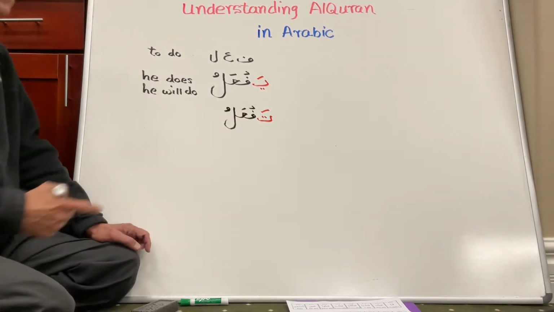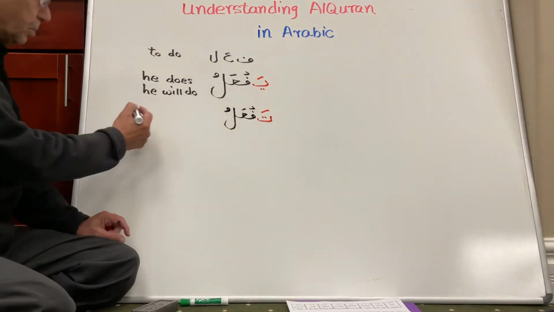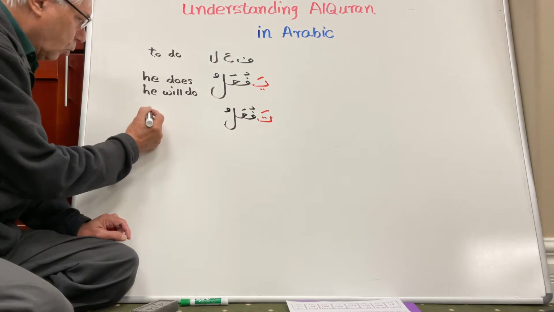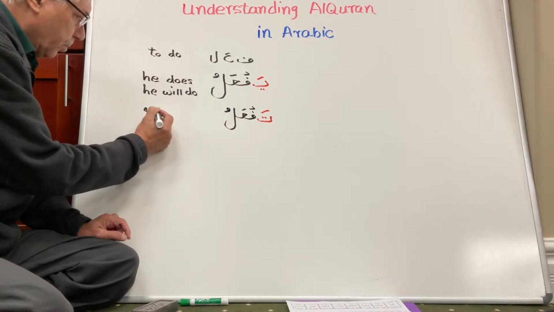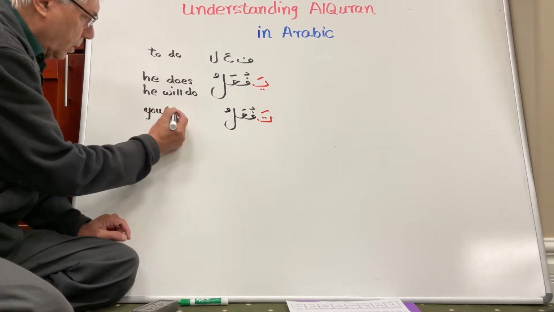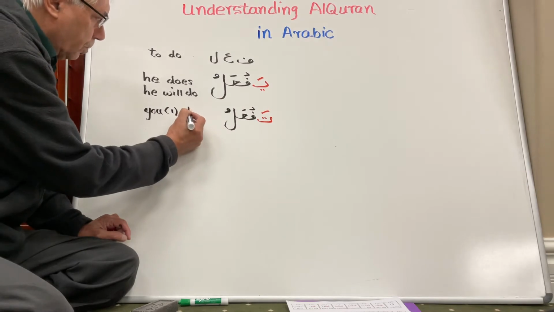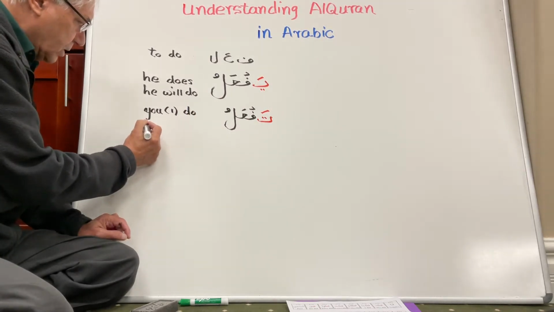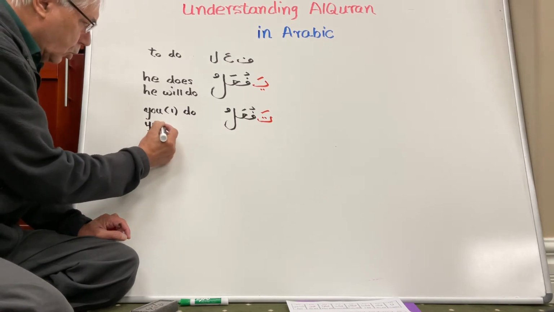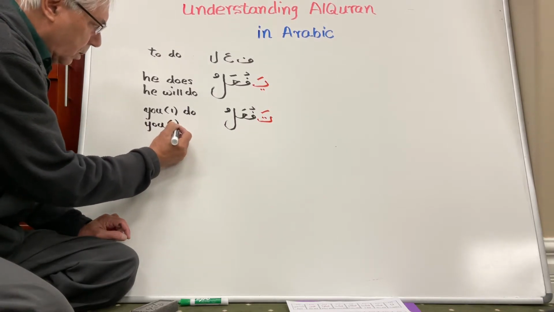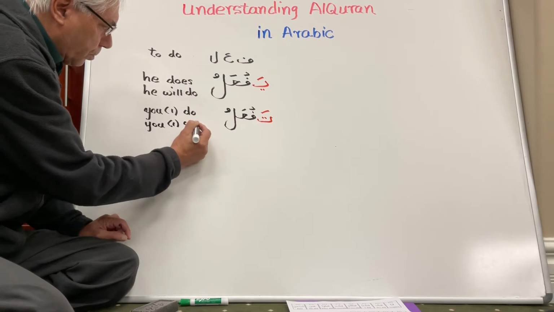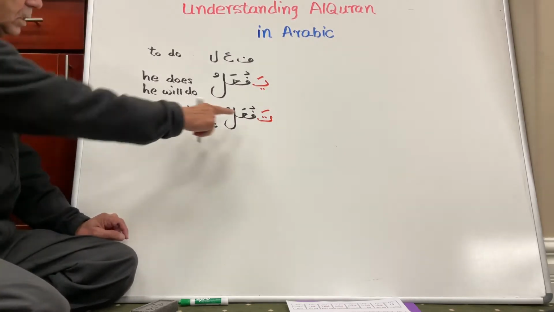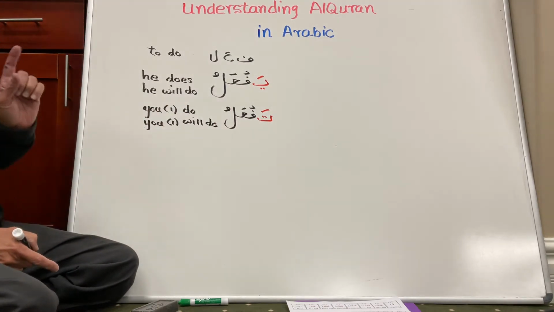Just by putting this ta in the beginning, this becomes the grammar of you, one person, singular. You, one, do. Or for the future, the same word will be used, you, one person, will do, okay? So both of these is one word only, taf'alu.